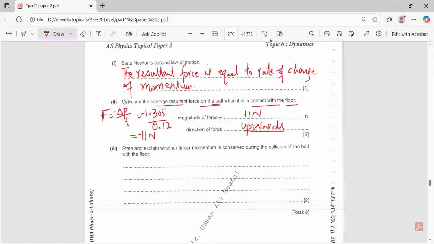And the question says, state and explain whether the linear momentum is conserved during the collision.